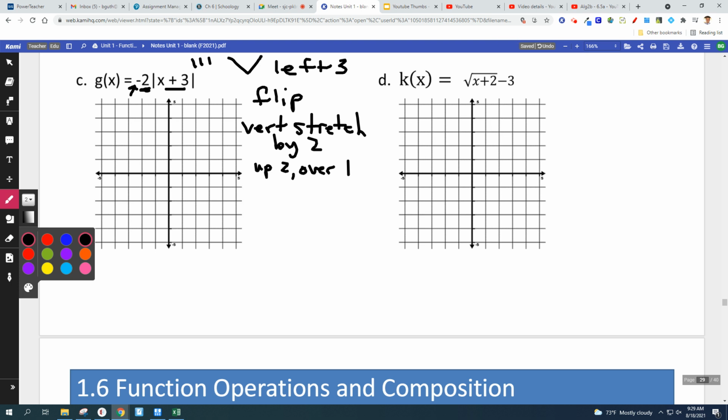Instead of a slope of 1, it's now a slope of 2. So we're going to go left 3, and that's where the vertex will be, but it's a flipped, upside down V shape with a vertical stretch by 2. So instead of going up 1, we go 2.